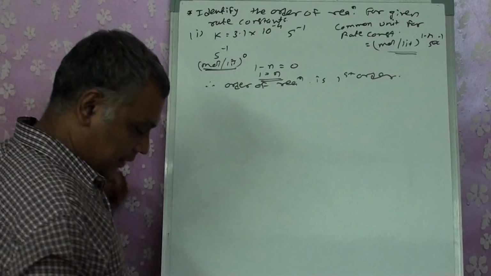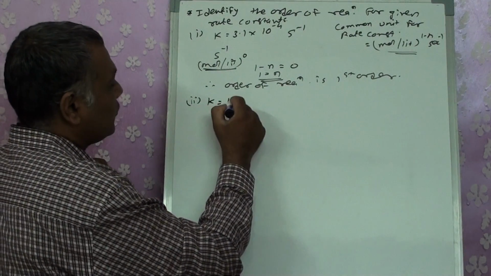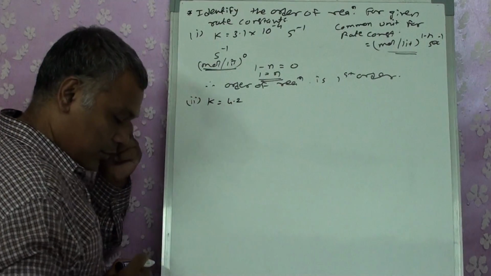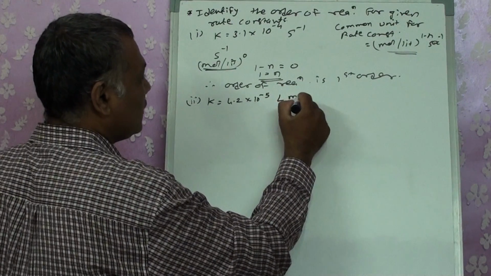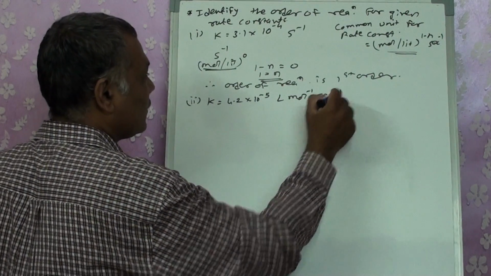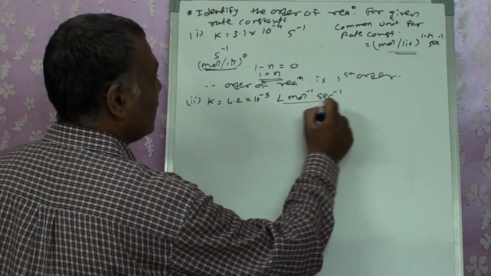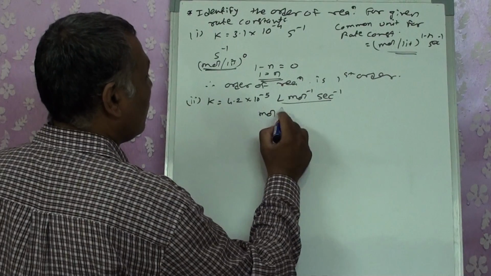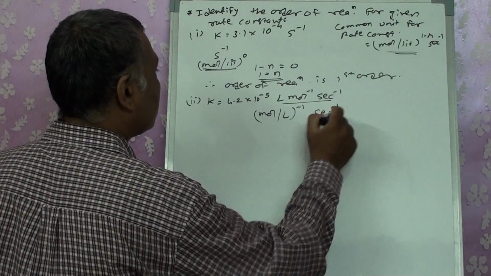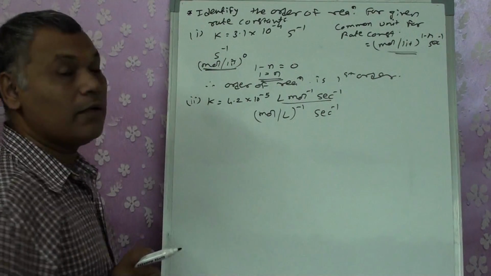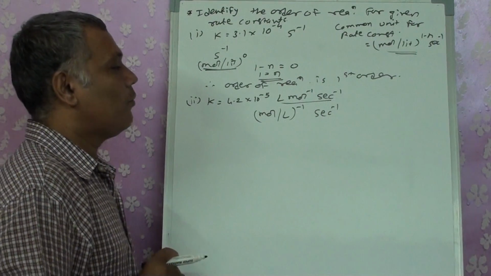Okay, let's take another one. The second one given to us is K equals 4.2 into 10 raised to minus 5 liter mole inverse second inverse. Can I write this unit as mole per liter raised to minus 1, second inverse? In place of liter per mole inverse, I have written mole per liter raised to minus 1.